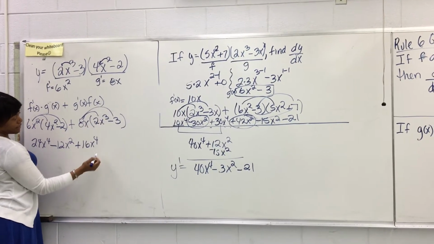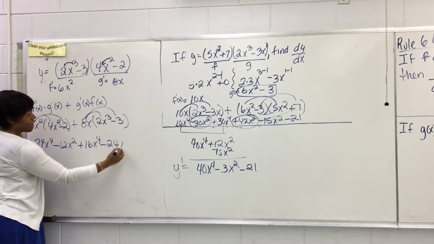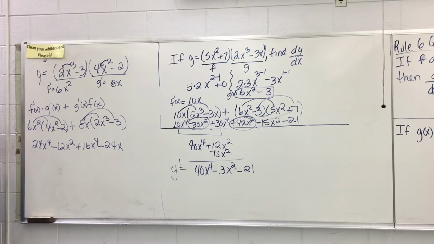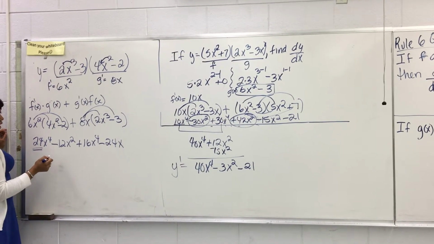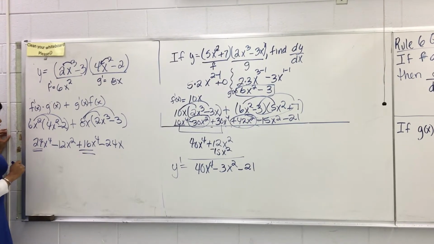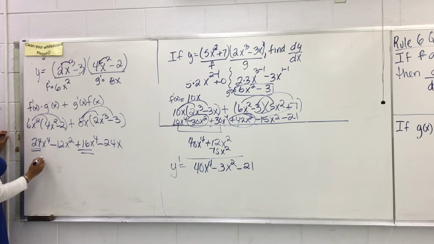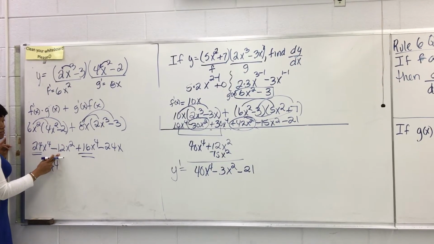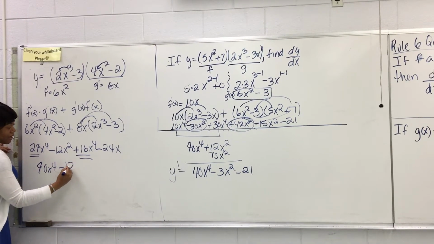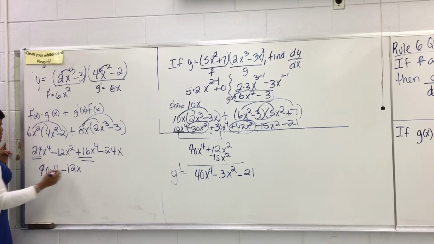And a minus 24x. Now I get to, again, combine my like terms. So I have a 24x to the 4th and a 16x to the 4th, which will now give me a 40x to the 4th. I don't have anything else with x squared, so I just bring that down, and that makes it a 12x squared.